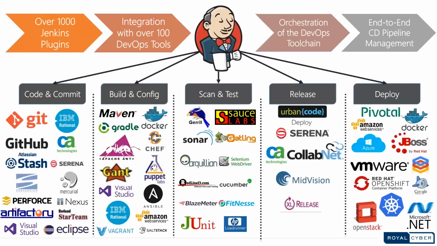These are some features of Jenkins. It has over 1,000 plugins. It has integration with over 100 DevOps tools. It is an orchestration of the DevOps toolchain and manages end-to-end CD pipeline management.